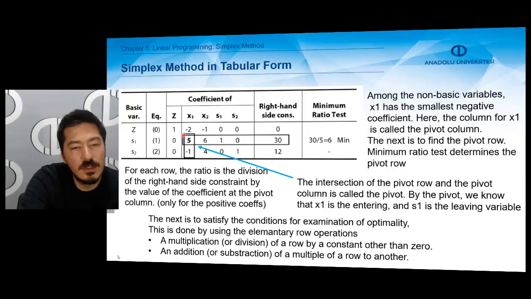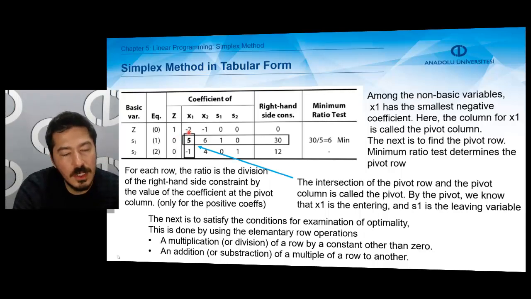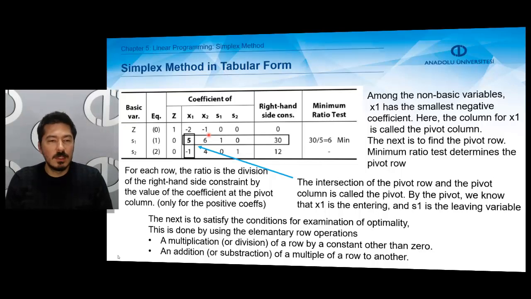The next is to satisfy the conditions for examination of optimality of this solution. This is done by using the elementary row operations. An elementary row operation can be a multiplication of a row by a constant other than 0, or it can be an addition of a multiple of a row to another.